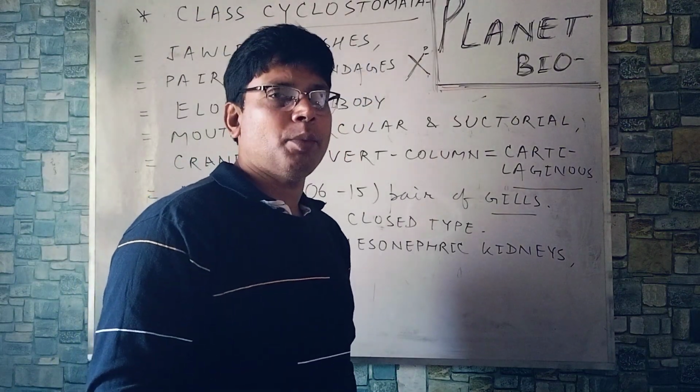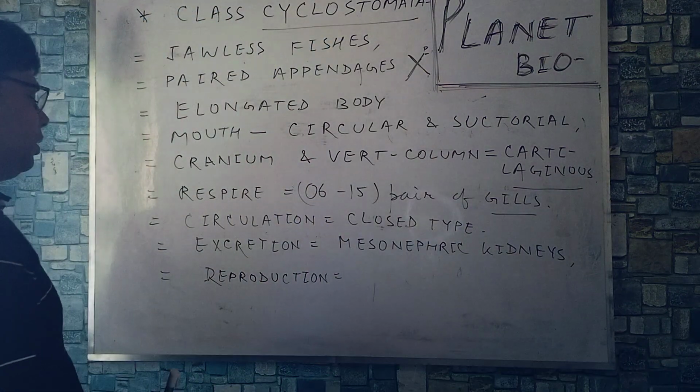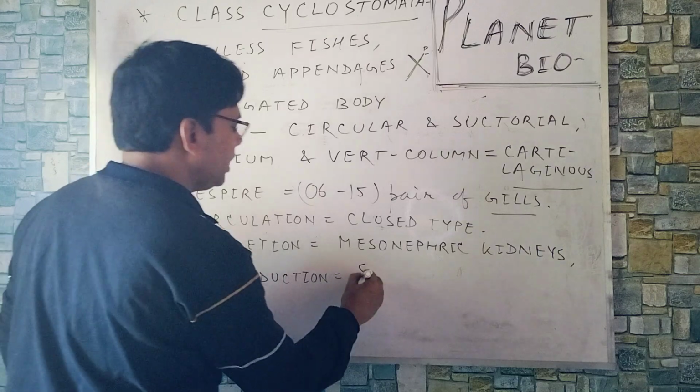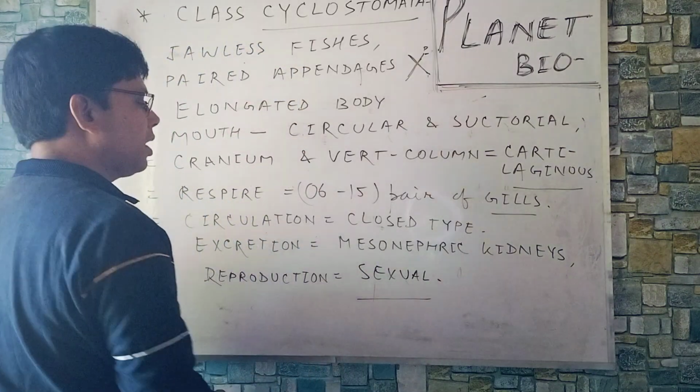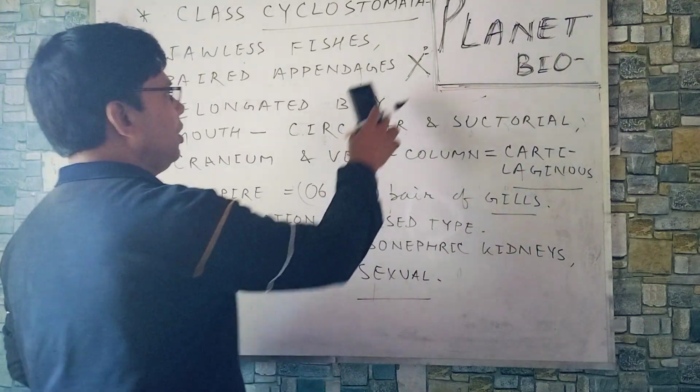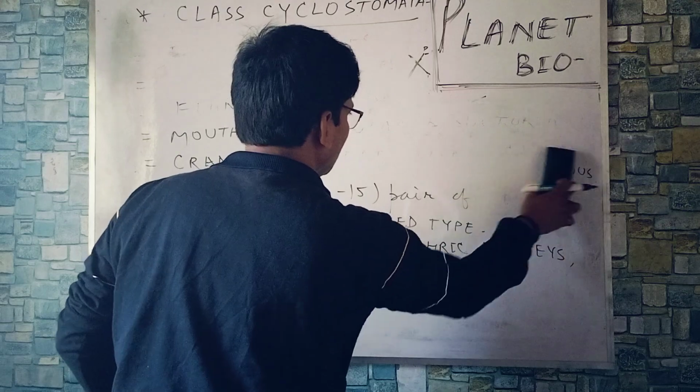With the help of examples, we can differentiate better. So they exhibit sexual reproduction, but there are certain differences and we have to mention them by giving examples.